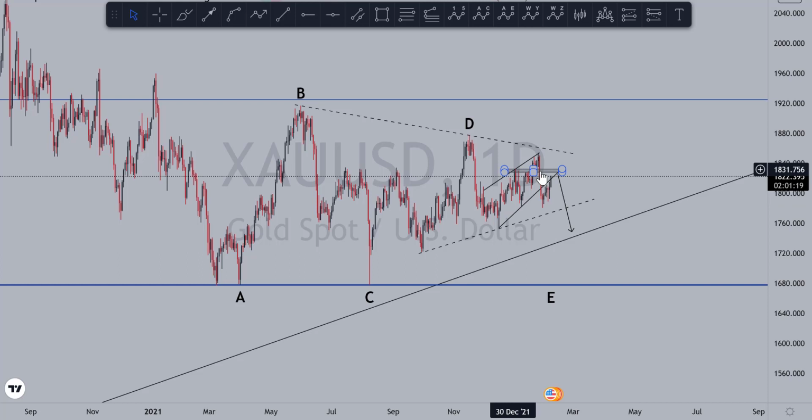This area was a resistance for some time, 1, 2, then the third time it was broken. Then price traded through in an impulsive manner through this resistance, which was now a support line, holding price to go to the upside. So gold can then just trade into this area, then continue to sell to the downside.